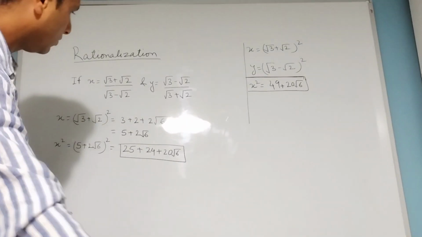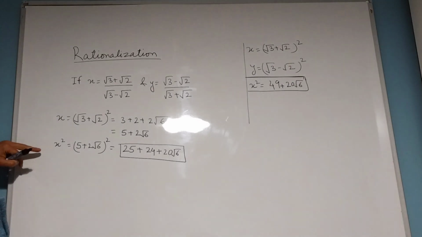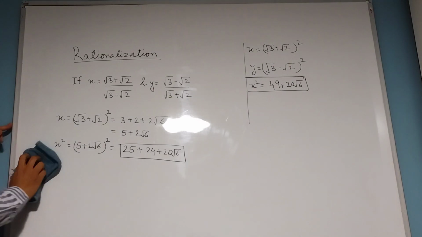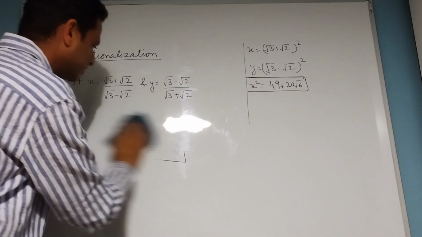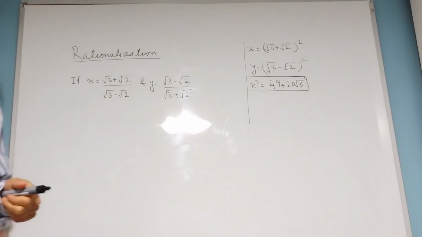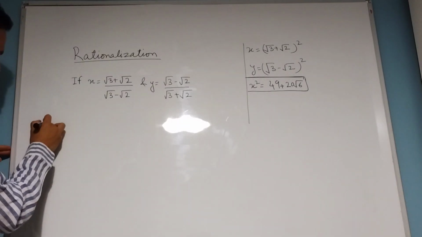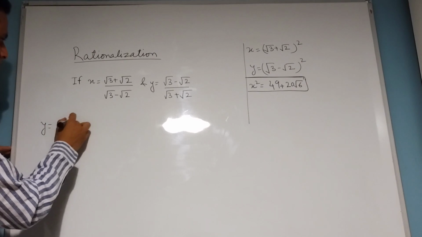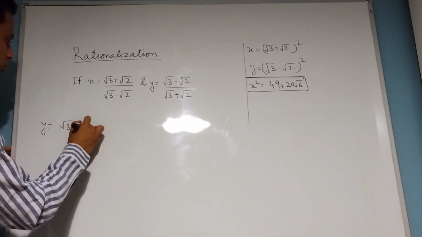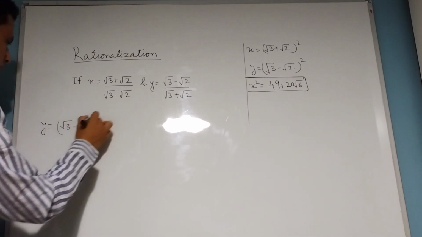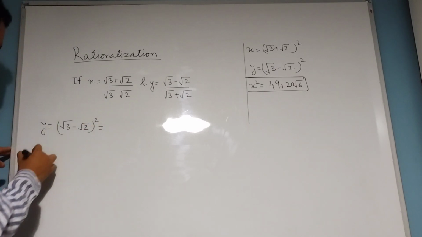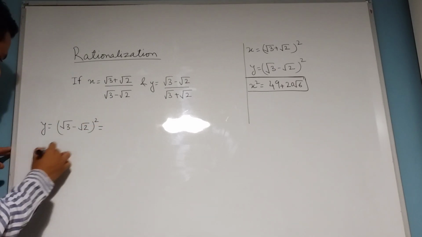Let's find the value of y. So y is root 3 minus root 2 whole squared. We know the formula of a minus b whole squared. What is a minus b whole squared?